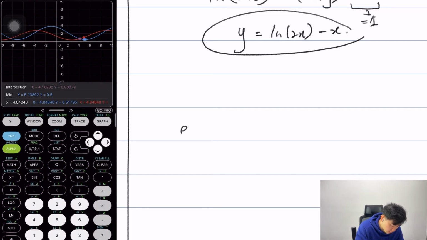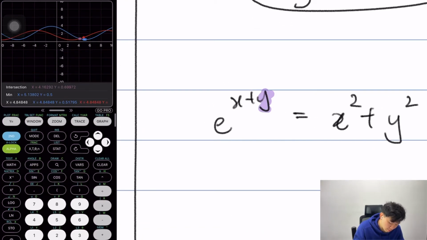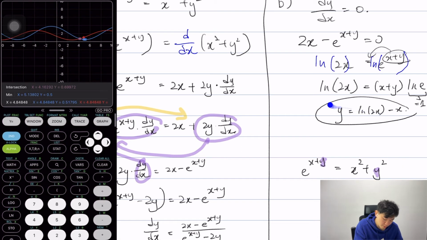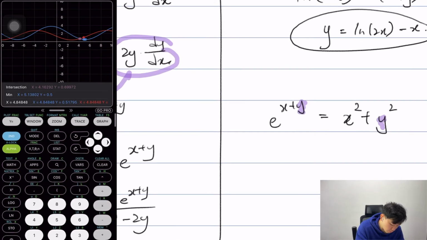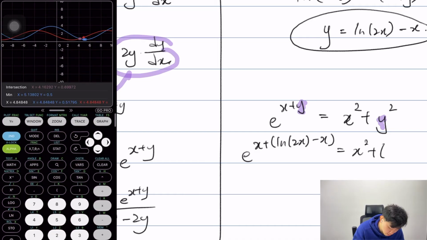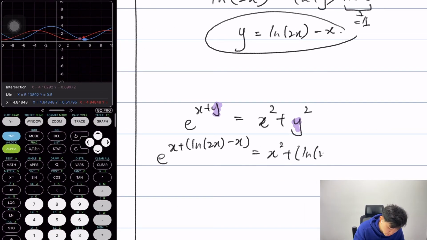Now we have the y from part B just now, so we can replace it: e to the power of x plus natural log of 2x minus x equals x squared plus bracket natural log of 2x minus x, whole squared.